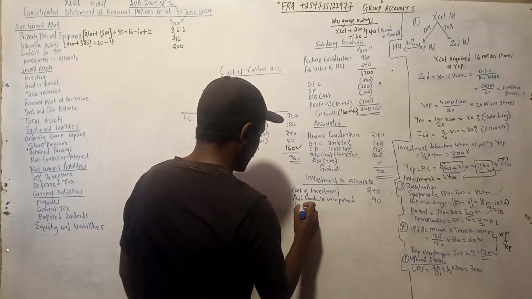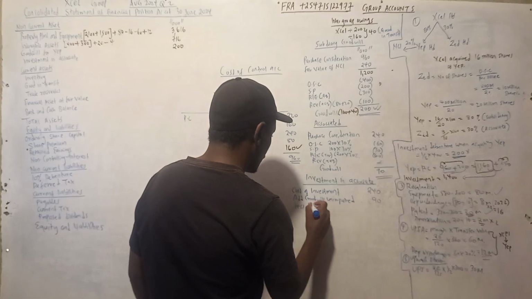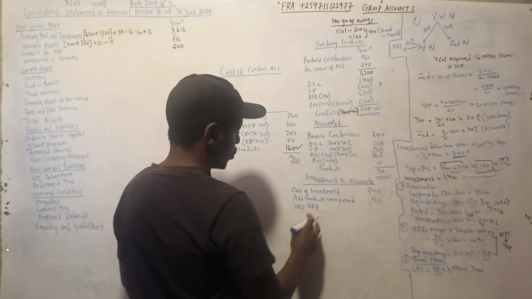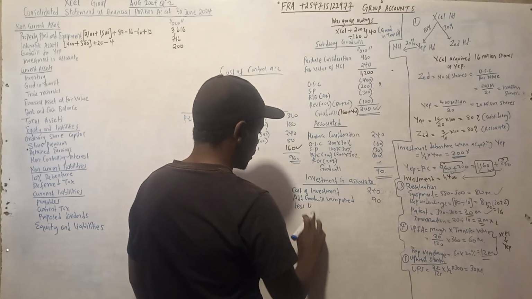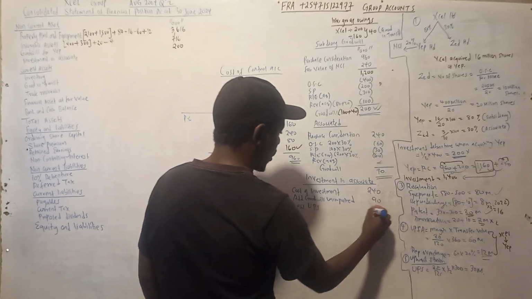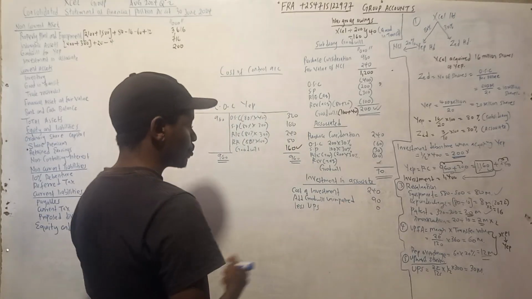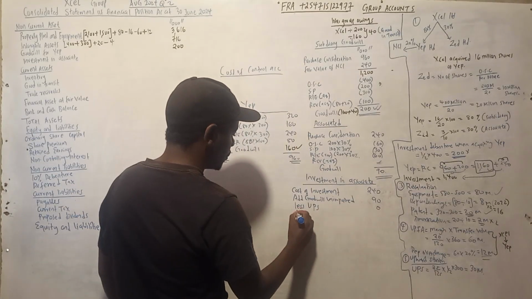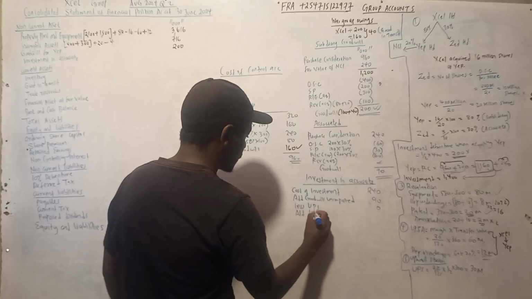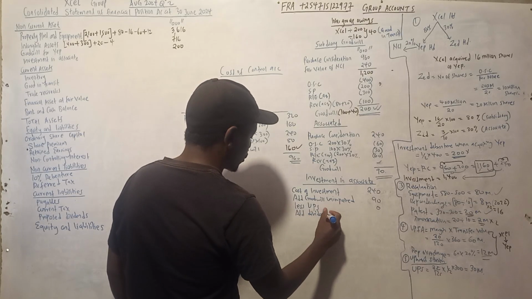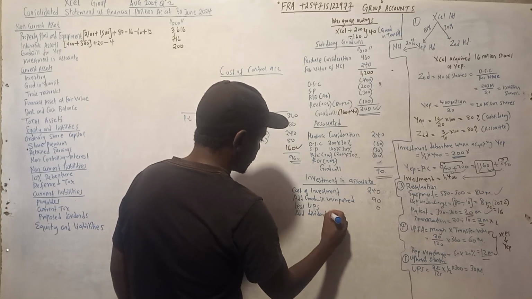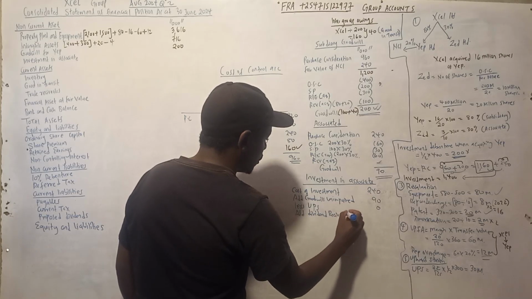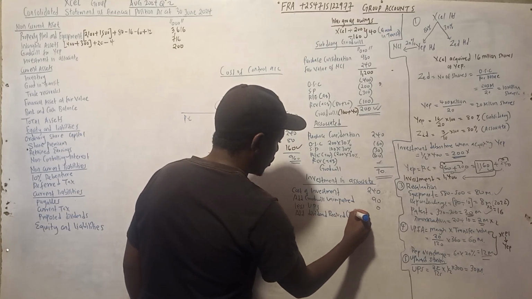There was no URP, no unrealized profit on closing stock. But remember, we need to add now dividend received. That one is from the proposed dividend. So they shall receive 30% of the proposed dividend.